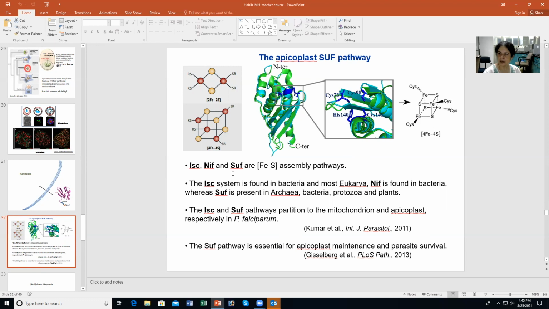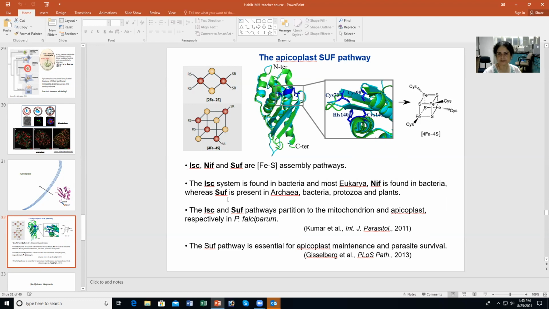And there are 3 iron-sulfur cluster assembly pathways known: the ISC biogenesis pathway, the NIF pathway, and the SUF pathway. The ISC pathway for formation of iron-sulfur clusters is found in bacteria and most eukaryotes. The NIF pathway is found in nitrogen-fixing bacteria.